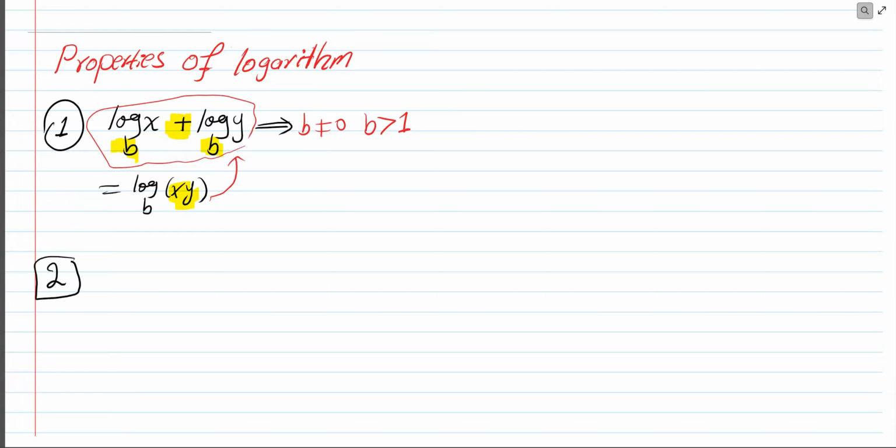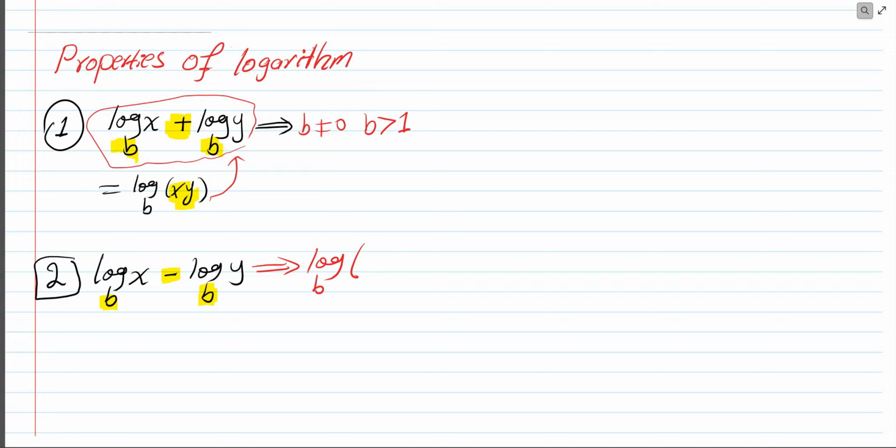Okay, students, the second one is called the quotient property. If I have log base b of x minus log base b of y, since I have subtraction and the bases are equal, I'll rewrite just one log with the same base.